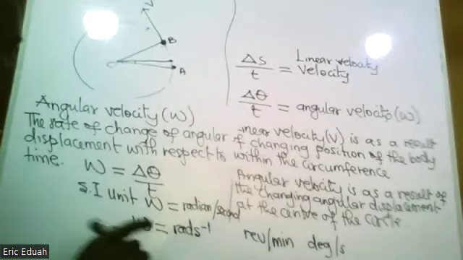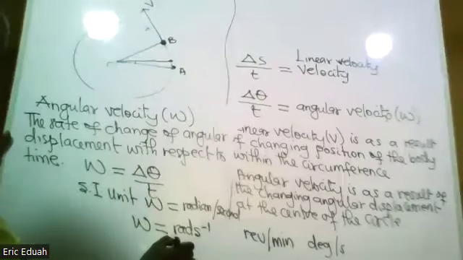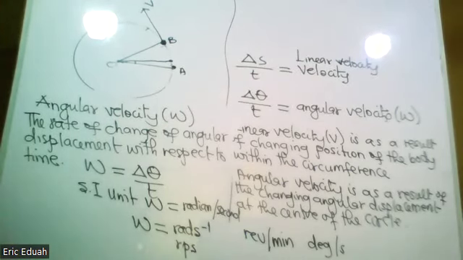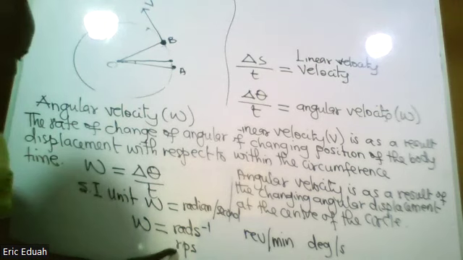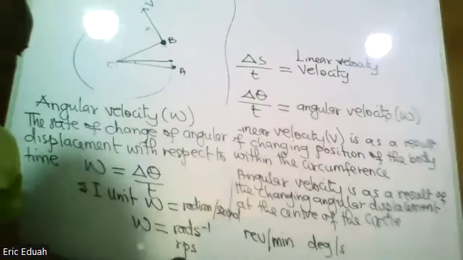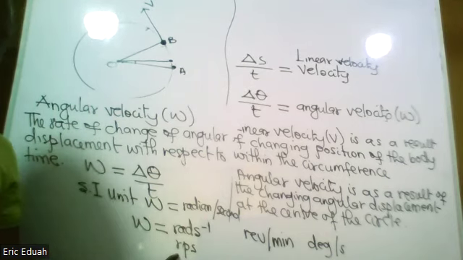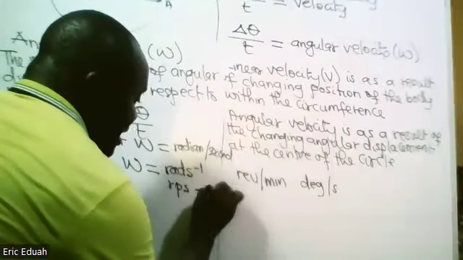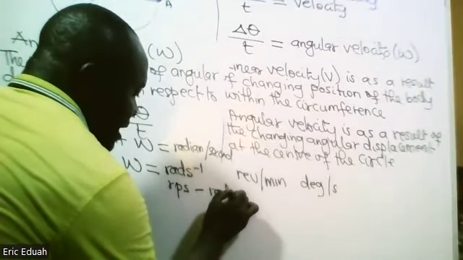So when you see in circular motion, when you see RPS, this is revolution per second, or sometimes radian per second.